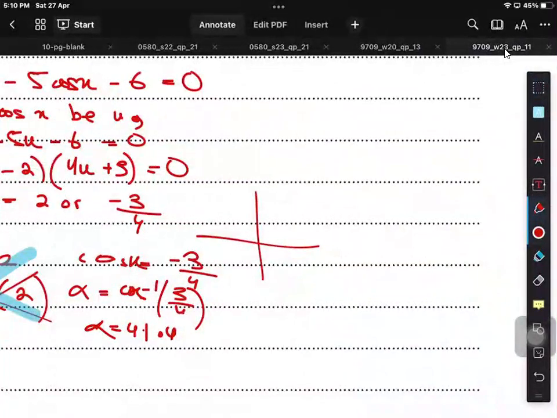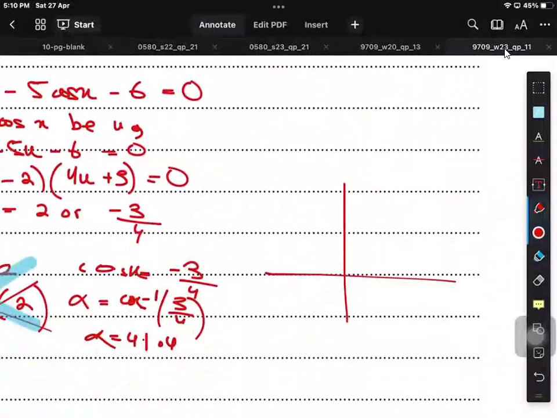So I know that my cos x is negative, right? It's negative 3 over 4. So first of all, let's see our range. Our range is from 0 to 360, so we can make the full revolution, right? And so we know that cos is positive in here.